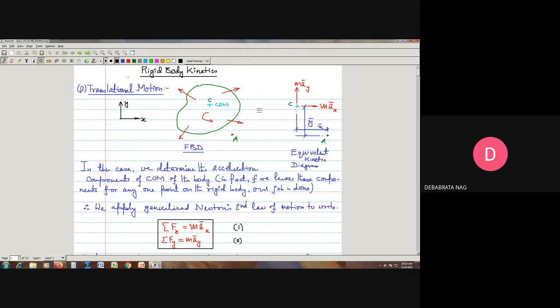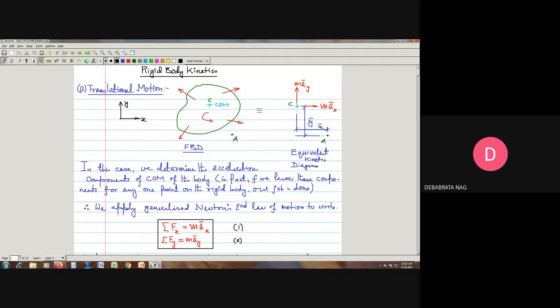So the motion or the kinematics of a rigid body can be of three types. First is called translational motion or translational kinematics. Second, we had what is termed as the rotational motion about a fixed point and about a fixed axis, that is known as the rotational kinematics.